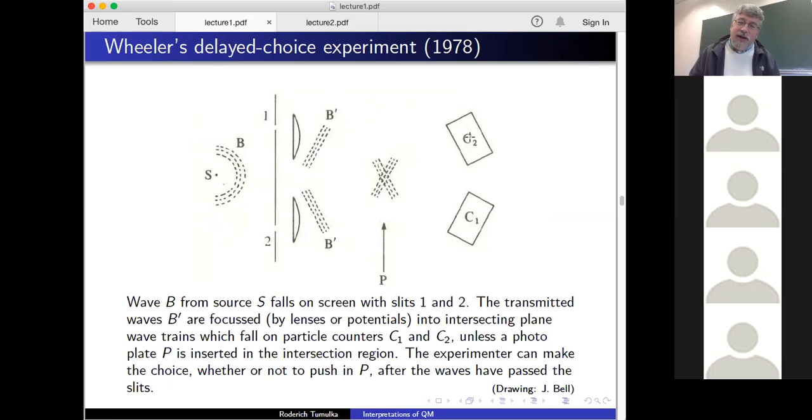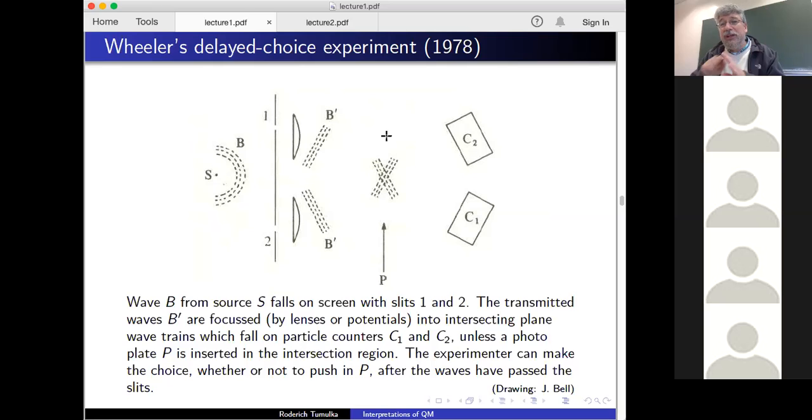But you also have an option. The experimenter might push in a photoplate in this region, or some kind of screen that will detect particles. So the experimenter has two options for this experiment: either push in the plate or not. So without the plate, one of the counters, C1 or C2, will click.